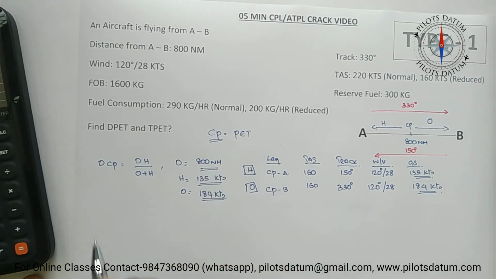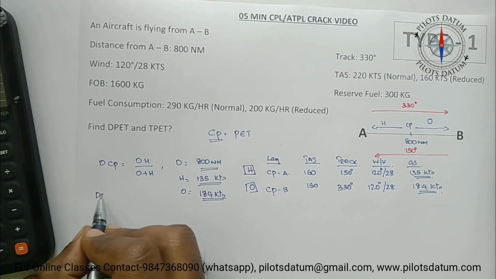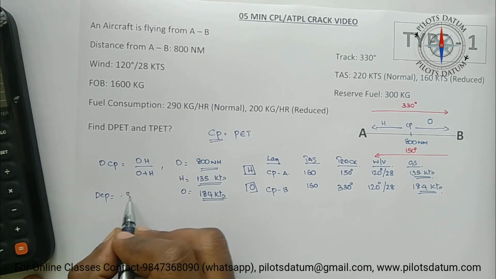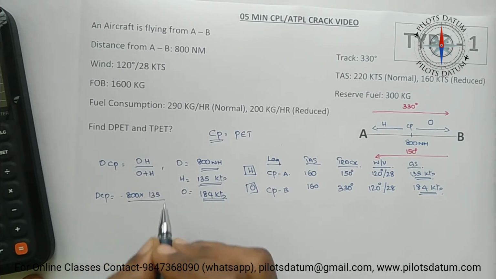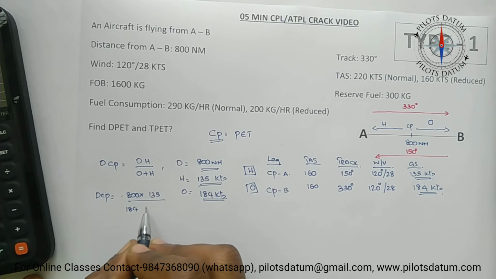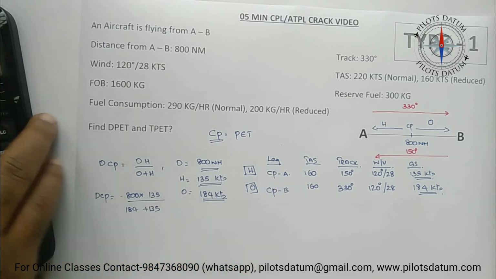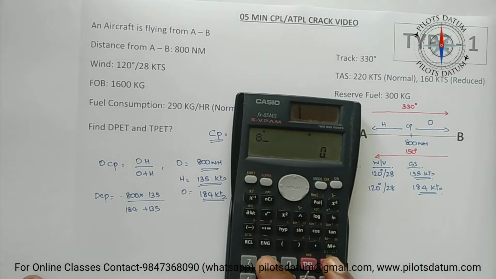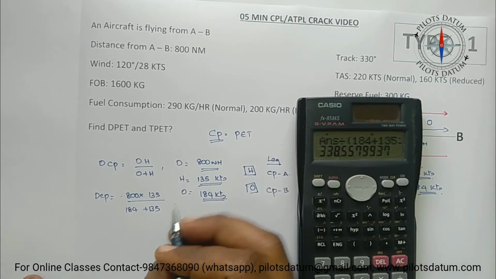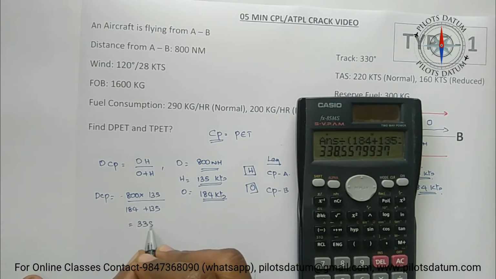So we got all the values, just input them directly here. So DCP is given by D is 800, H is 135, O is 184 plus 135. Just use your scientific calculator for this. 800 into 135 divided by 184 plus 135 will give you 338 nautical miles.